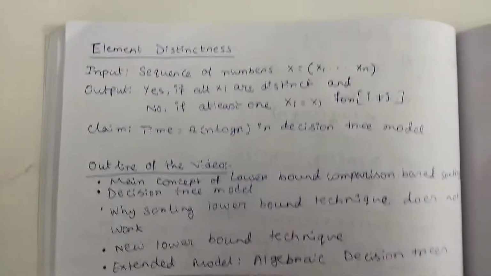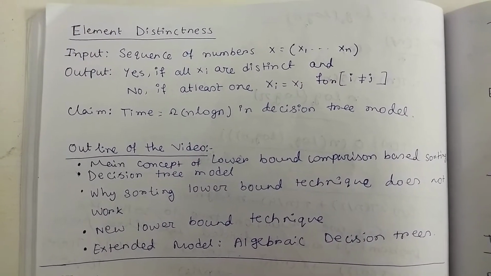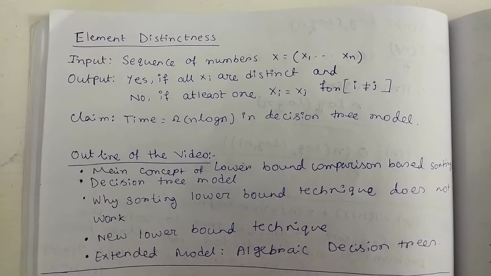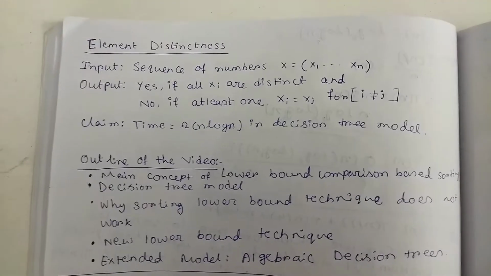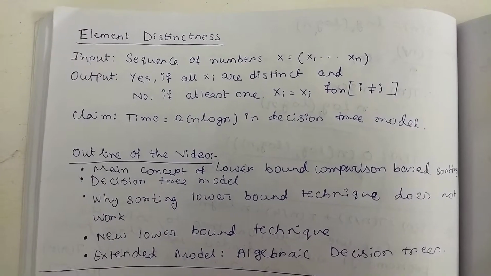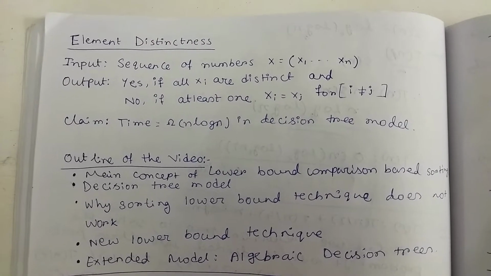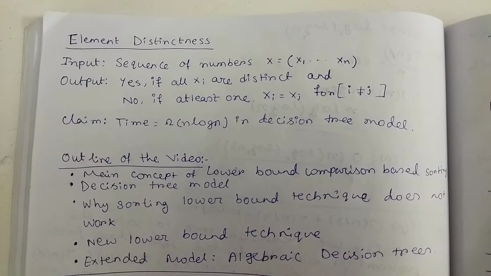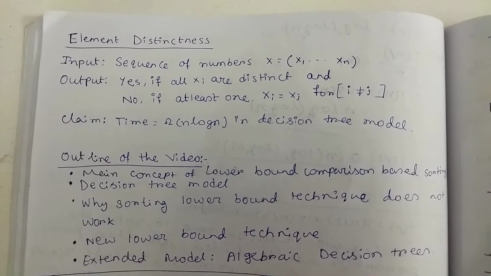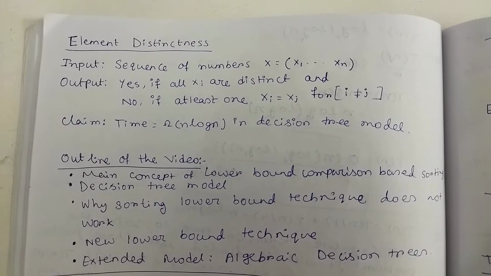In this element distinctness problem, first we take one input, a sequence of numbers x, where the elements are x1, x2 up to xn. For output, we get yes if all x_i are distinct, and no if at least one x_i equals x_j.